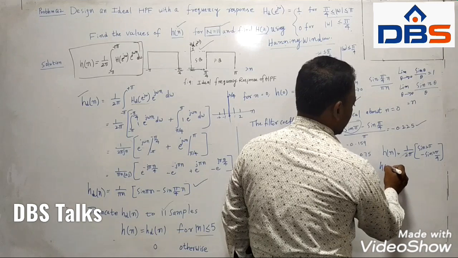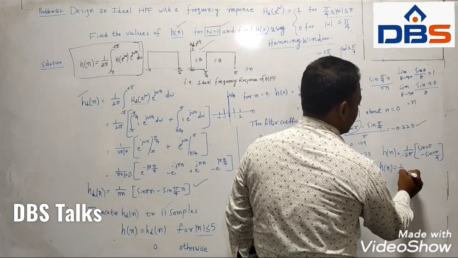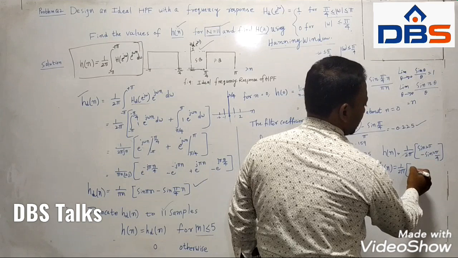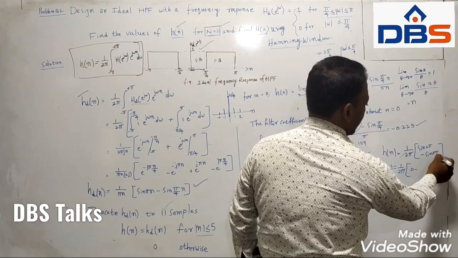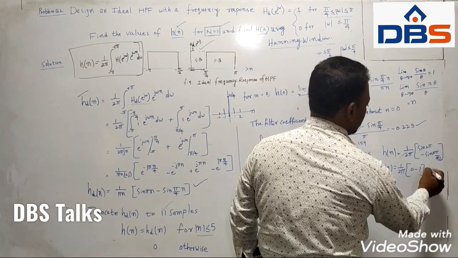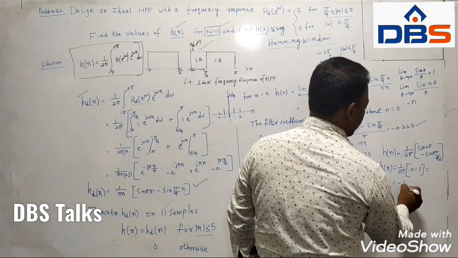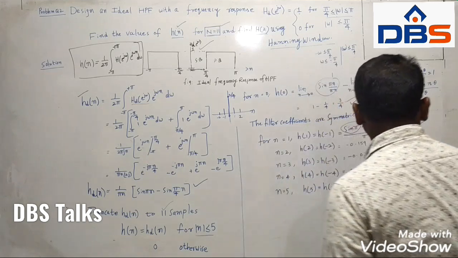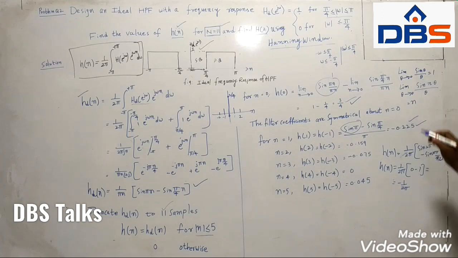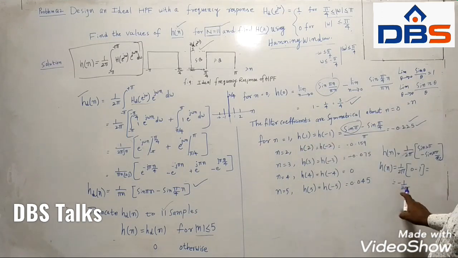So therefore h(n) is equal to 1 by 2 pi times sin 2 pi, which is 0, we know that, minus sin pi by 2, sin 90 is 1. So what you will get is minus 1 by 2 pi. If you simplify that, you will get minus 0.225.